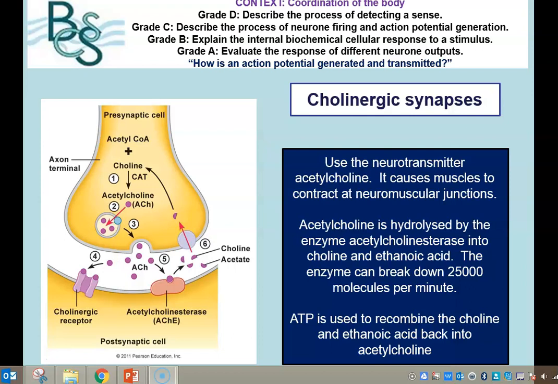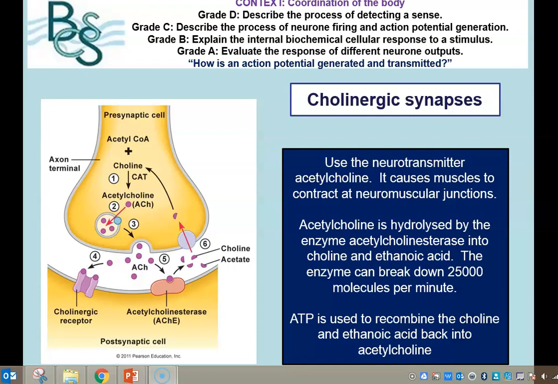You have to know in particular what happens at the point where acetylcholine is released, and that happens at a cholinergic synapse. Here the neurotransmitter is acetylcholine, and once the acetylcholine has triggered the response, for instance in a muscle, the enzyme that's released into the synaptic cleft is acetylcholinesterase.